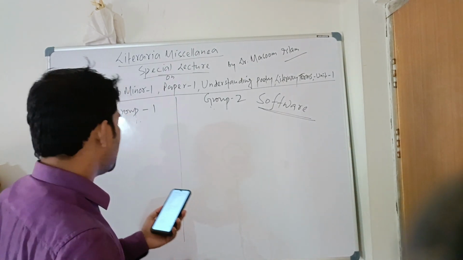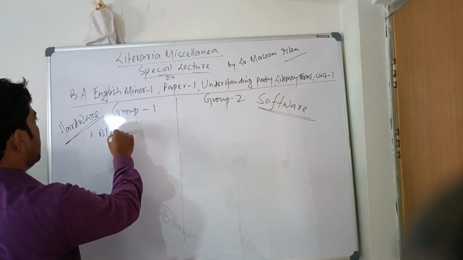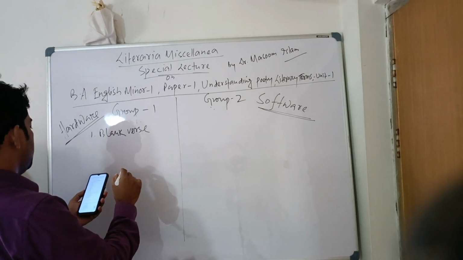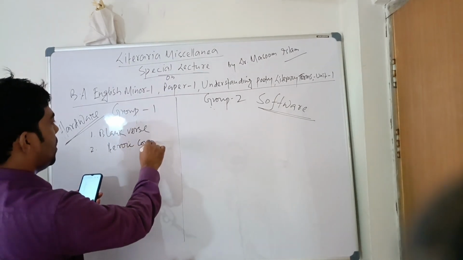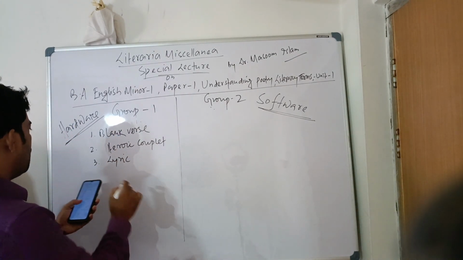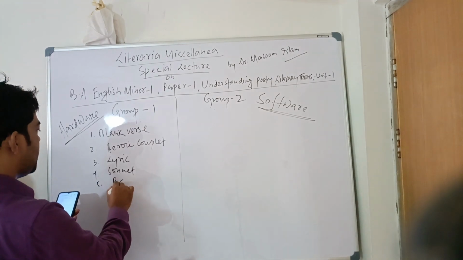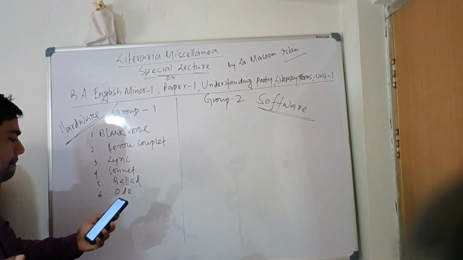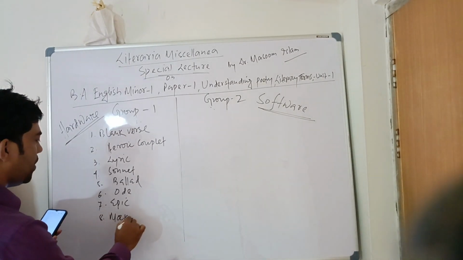Under the category of group 1 are: one, blank verse; two, heroic couplet; three, lyric; four, sonnet; five, ballad; six, ode; seven, epic; eight, mock epic.